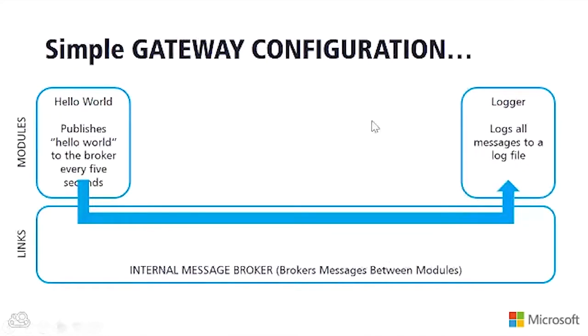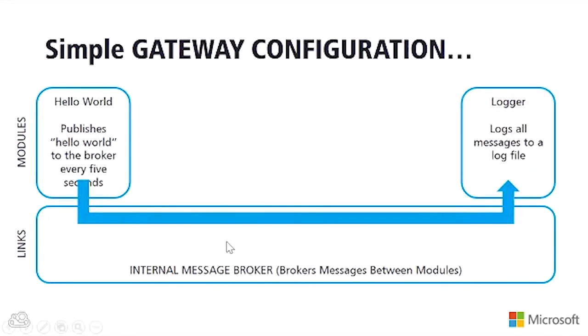All right, so let's talk a little more specifically about what makes up a gateway, right? The gateway runtime itself is really this lower big blue box on this slide. What the gateway runtime is responsible for providing is a messaging broker, a way for modules to send and receive messages from other modules.